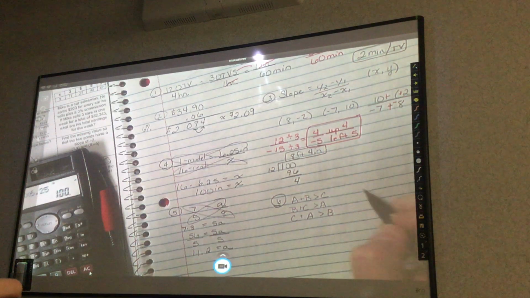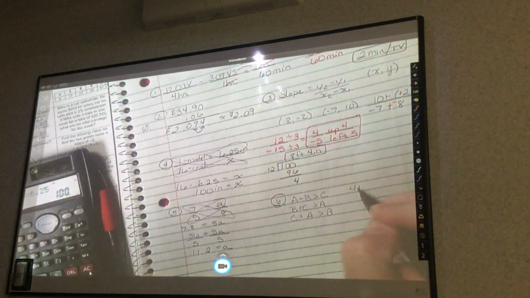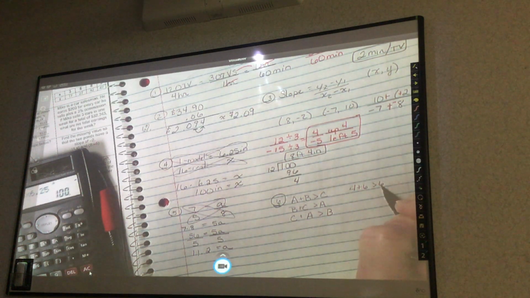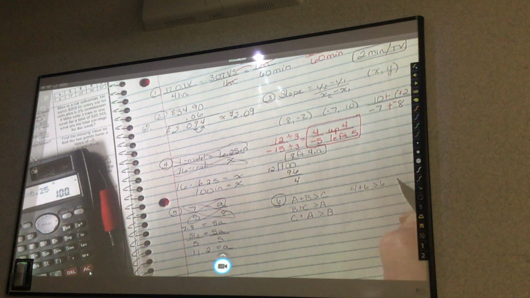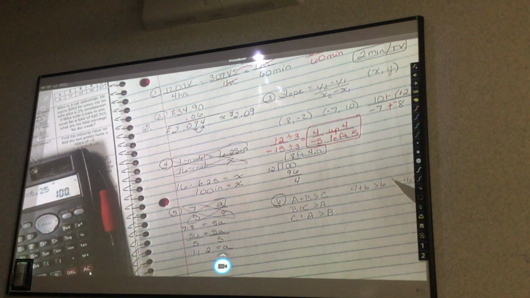So if I know sides are 4 and 6, let's try A. Is it greater than 6? Yes. And then 6 plus 6, would that be greater than 4? Yes. So does 6 work?